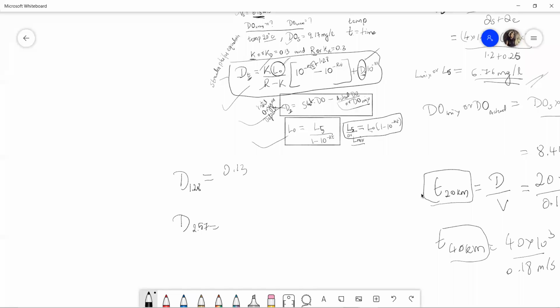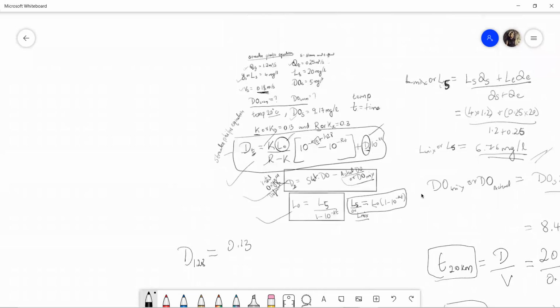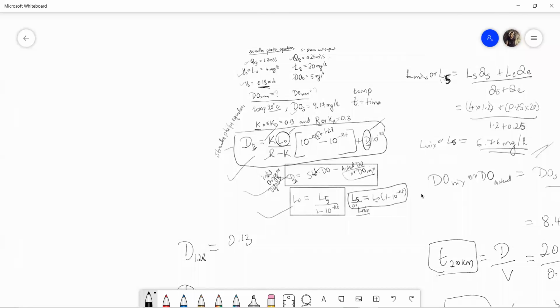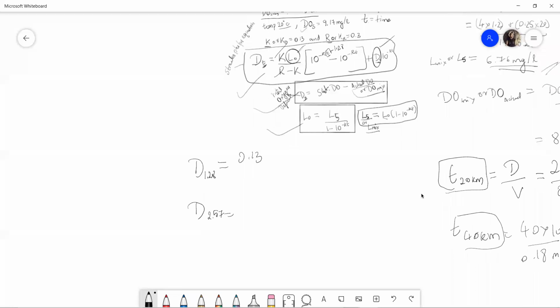K is 0.13, right? L naught is 8.69, divided by 0.3 minus 0.13, that is R minus K.